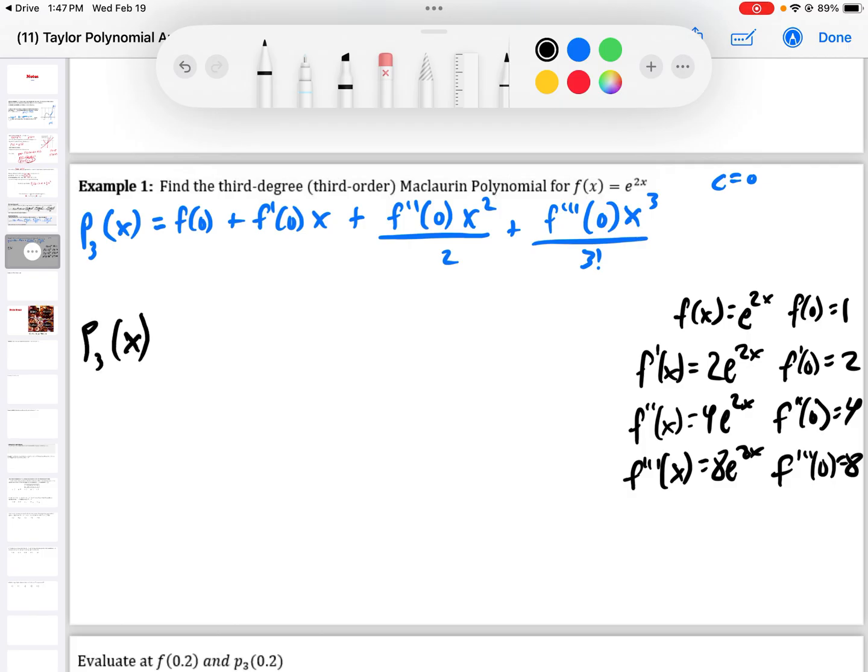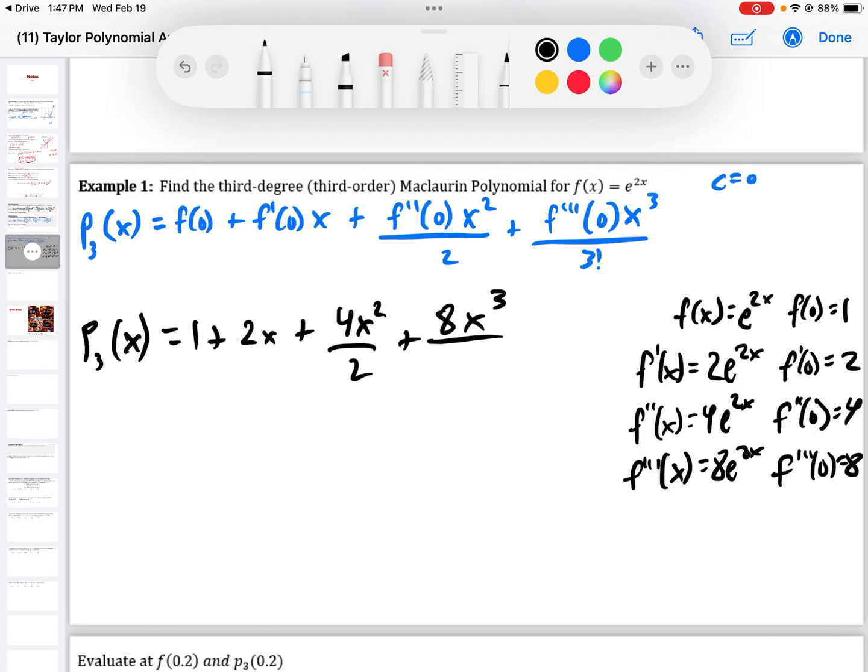All right, so this would mean the Taylor polynomial with degree 3 would be equal to f of 0, which is 1, plus 2 times x, plus 4 over 2. I'm going to write it separately this time.